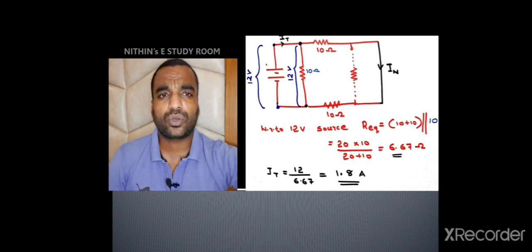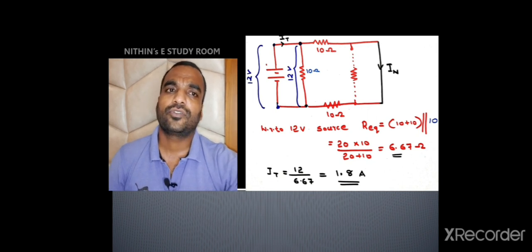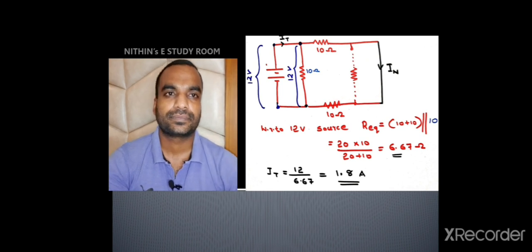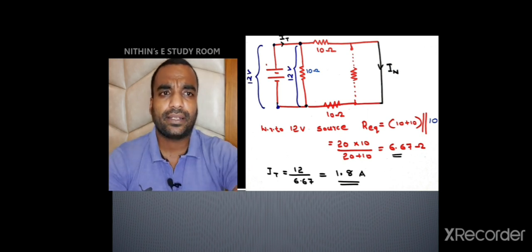As I already told you, IT is nothing but the voltage V divided by its total equivalent resistance. So for finding out the equivalent resistance, you can see current is coming from this direction and it is splitting into two paths. One is this path and the other one is this path.